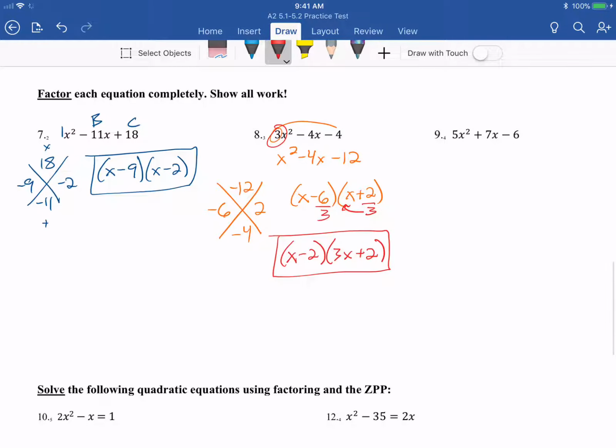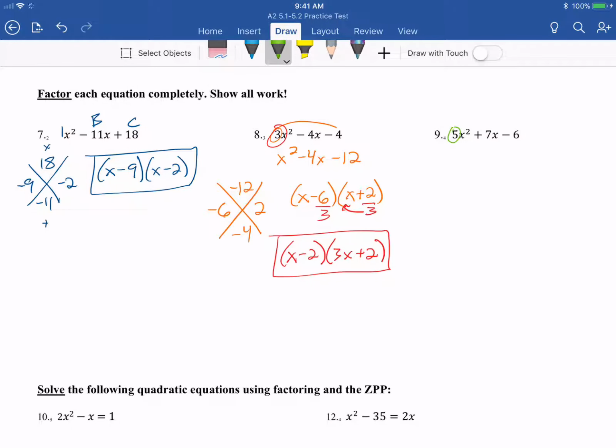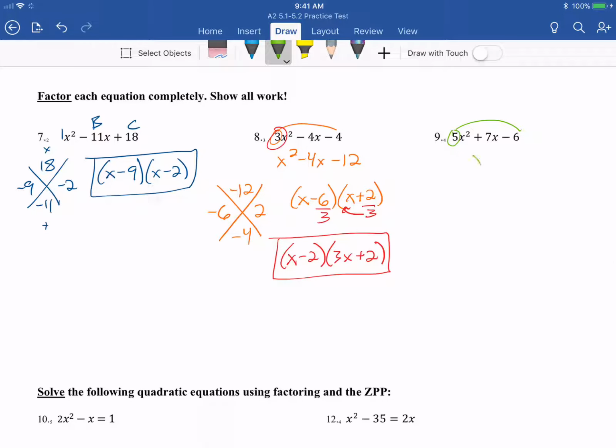Number 9, going on to another factoring one, and this one has the a value, again, greater than 1. Got to multiply that guy. I get x squared plus 7x minus 30. I got to find two things that multiply to negative 30 and add to positive 7. Those are 10 and negative 3.